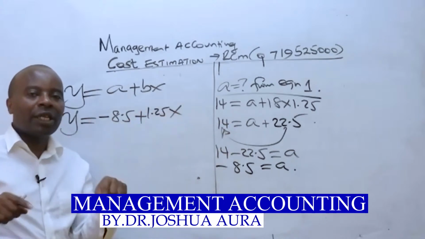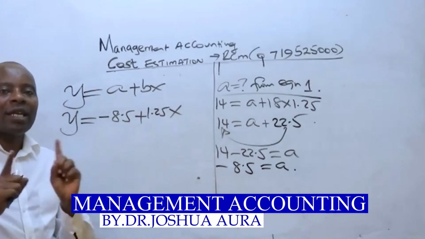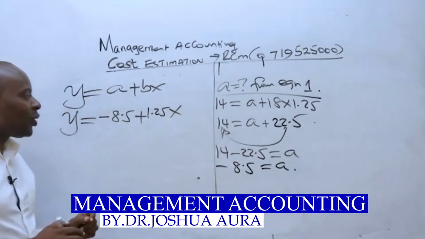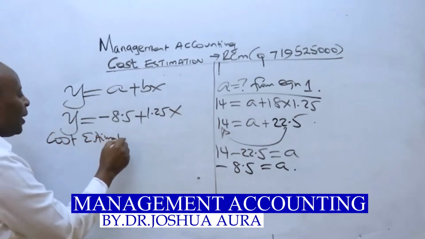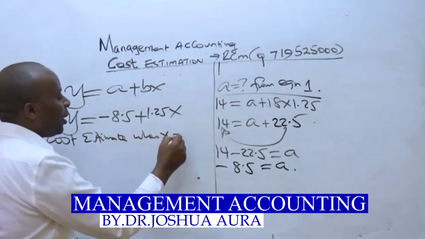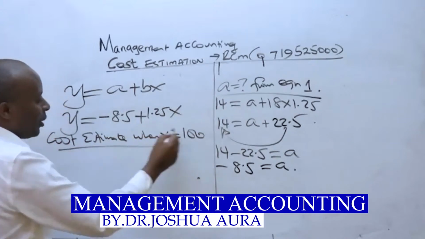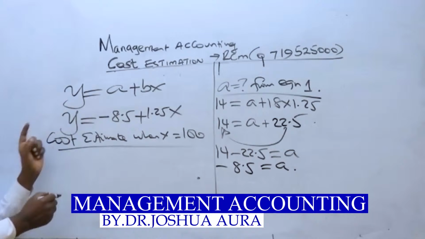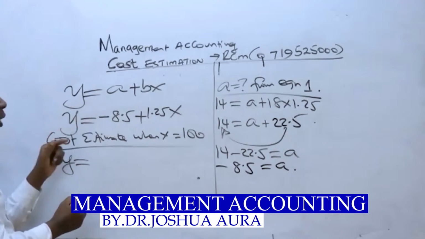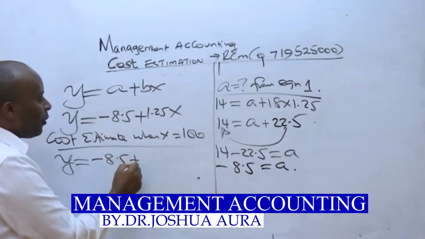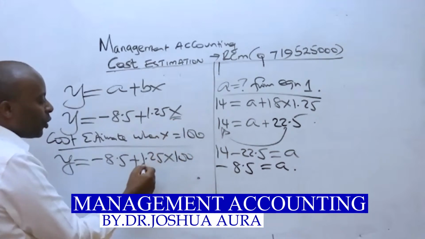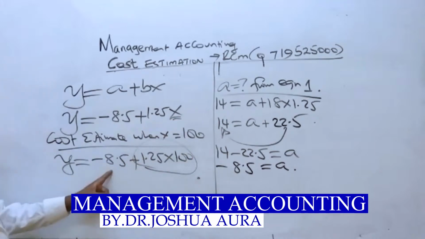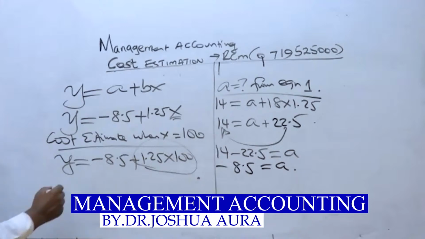So I have got a relationship between Y and X. And don't forget that this examiner wanted us to give them the cost estimate when X equals 100. So I'll simply use the equation the way it is. So my Y will be minus 8.5 plus 1.25 times X, which is 100. So this is 125 minus 8.5. Could you kindly give me that figure?